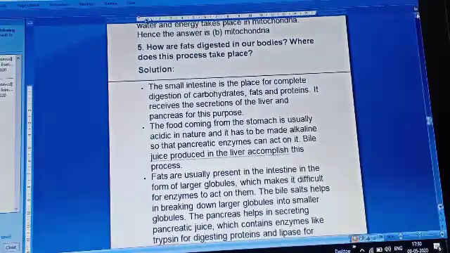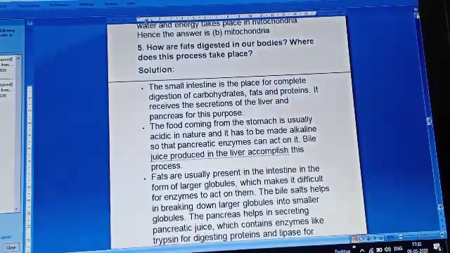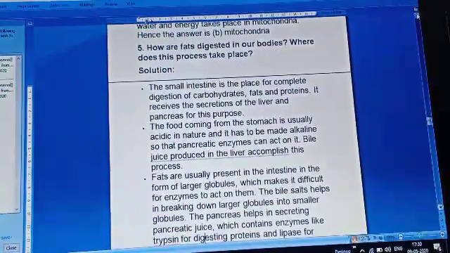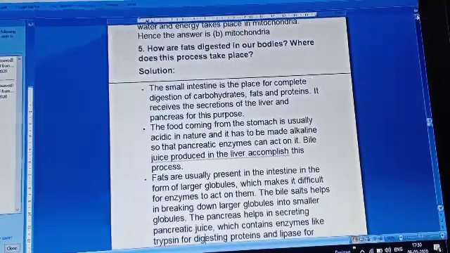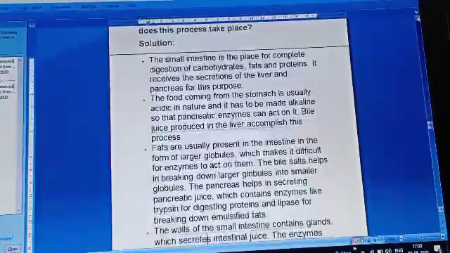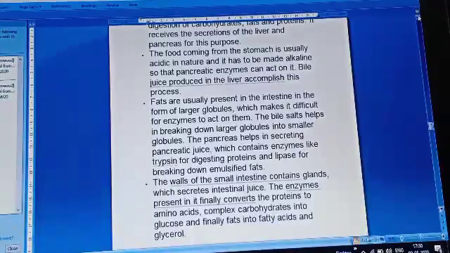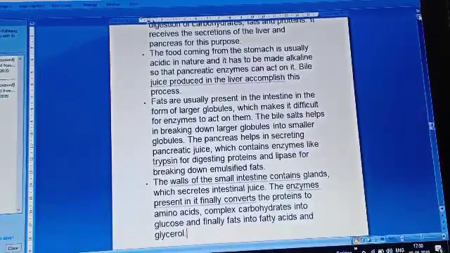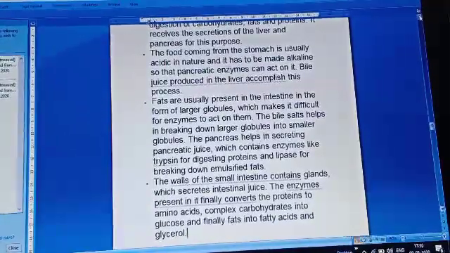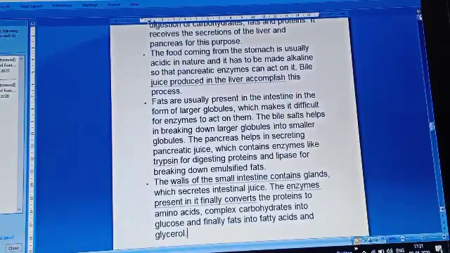This process is also called emulsification. Fats are usually present in the intestine in the form of larger globules, which makes it difficult for enzymes to act on them. That's why bile breaks down these large globules into small globules.